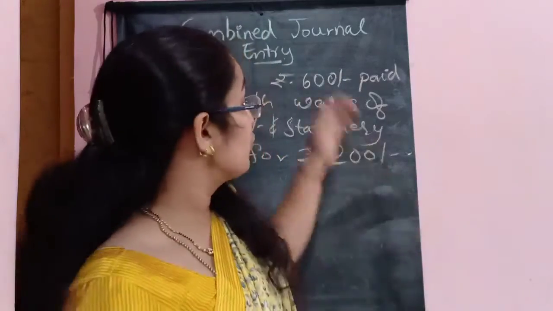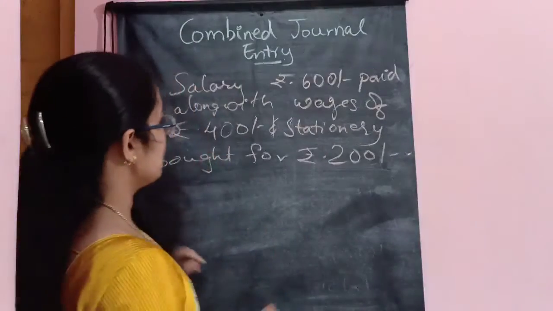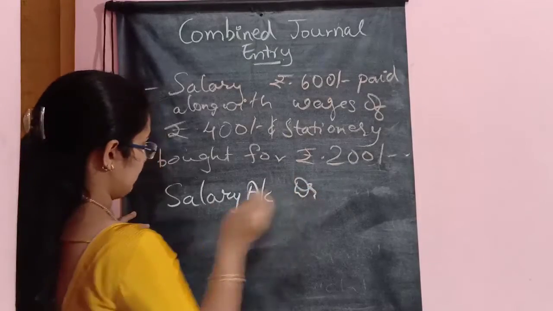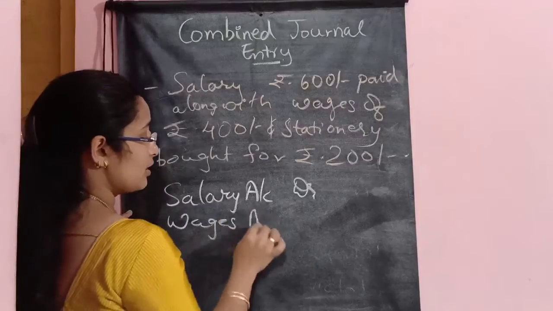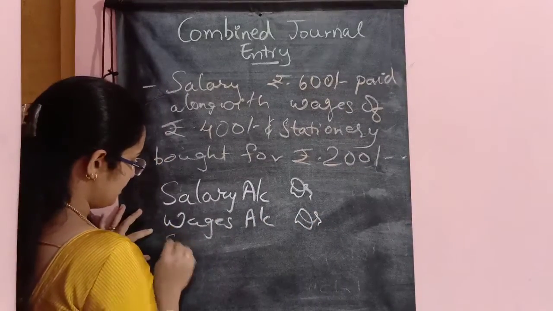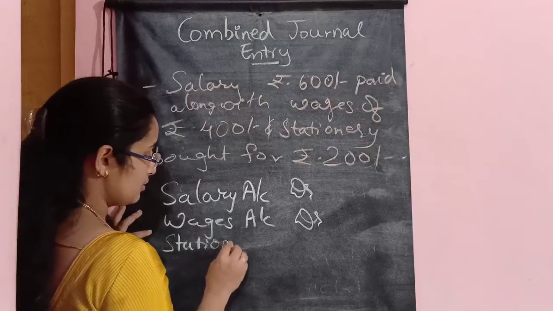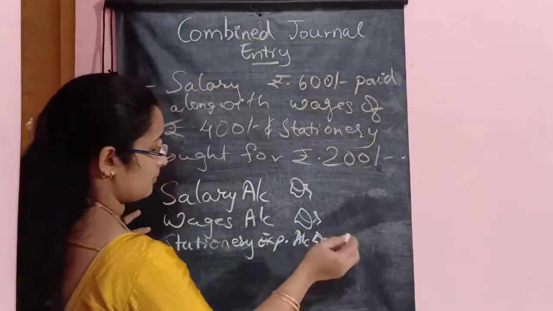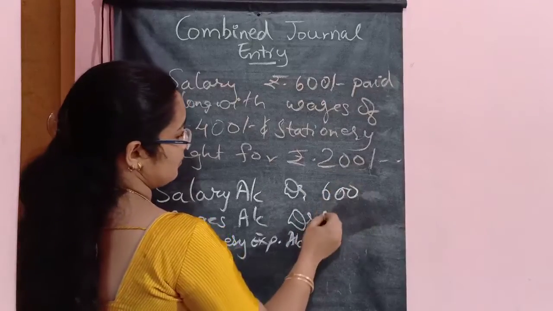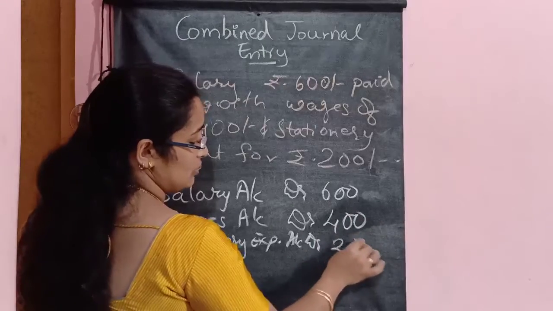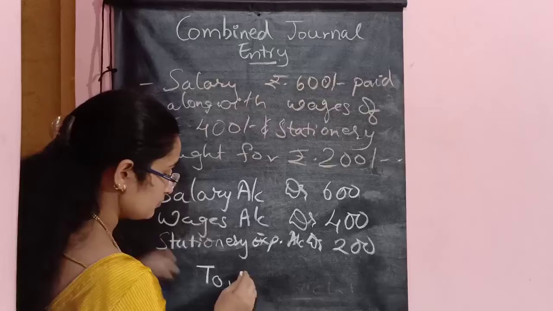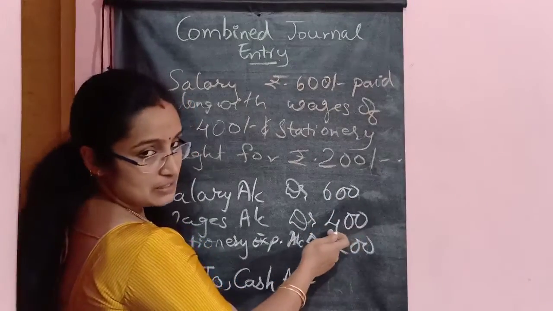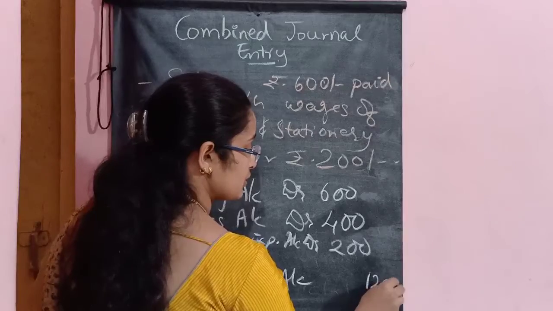So the journal entry for this transaction as a combined entry will be salary account debit, wages account debit, stationery expense account debit with 600, 400 and 200, to cash account, total of this 600 plus 400 plus 200, total is 1200, right?